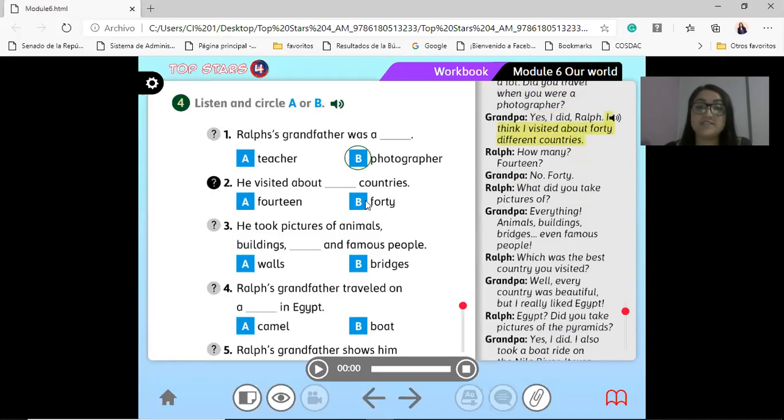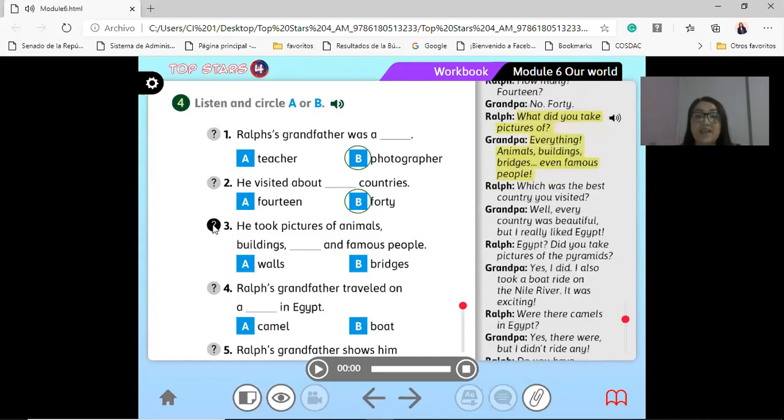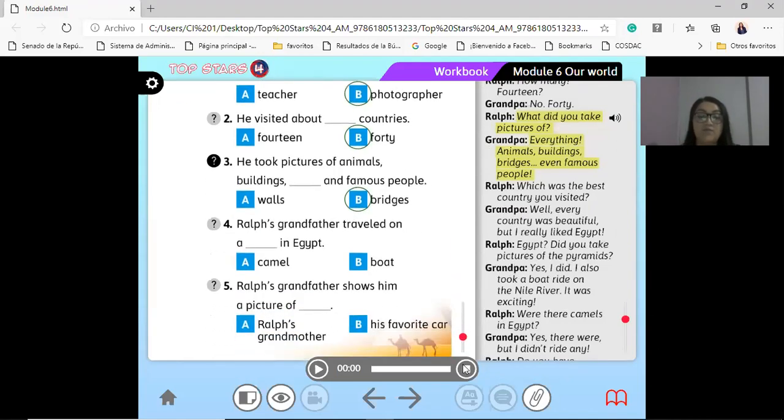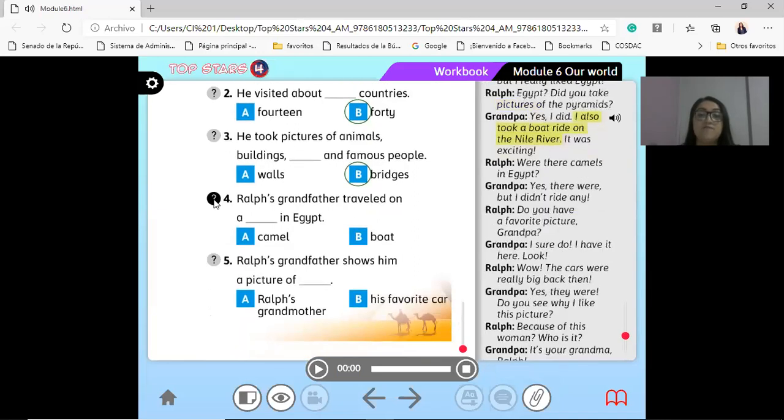He visited about 40 different countries. The correct answer is 40, no 14. He took pictures of animals, buildings, and bridges, puentes. Okay. Number 4 and 5. Ralph's grandfather traveled on a camel or a boat.